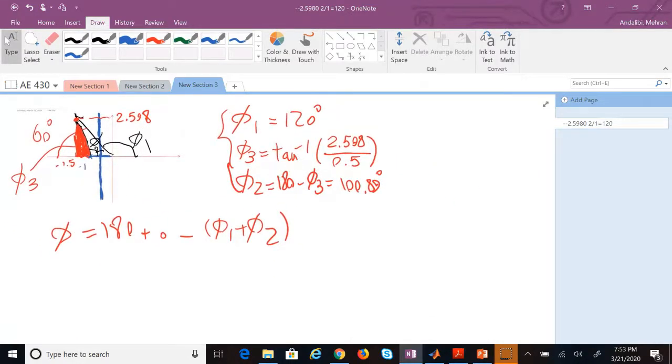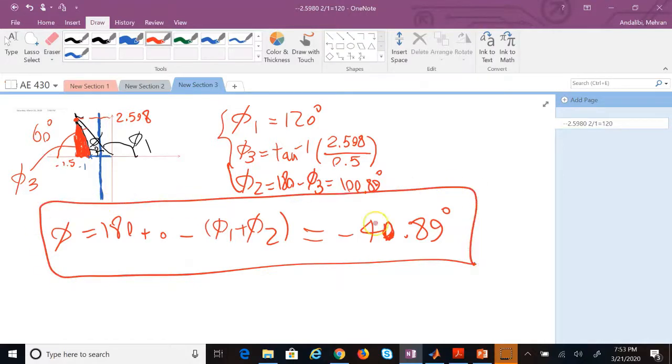And now if I plug them into the formula for phi, the angle here is going to be 180 minus 120 minus 100.89, so it's going to be negative 40.89. So this is the absolute value of that. You see, instead of the angle being 180, the angle is less than 180. It's negative. These two angles are more than 180.